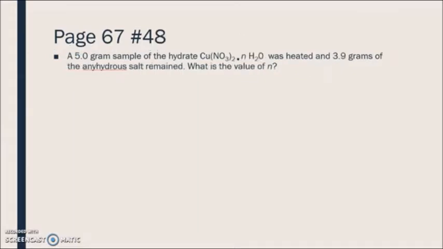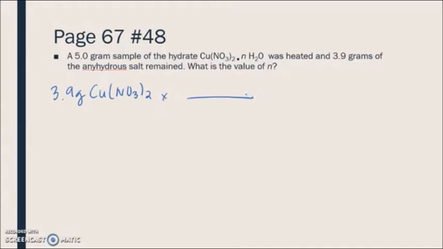Okay, and then we moved on to 48. This one's a little bit different because you have to find the value of N. This is the one up at the top of the page. You should have 5 steps that you wrote down in class the other day. You are going to take 3.9 grams of the anhydrous salt, which is this, and convert that to moles.